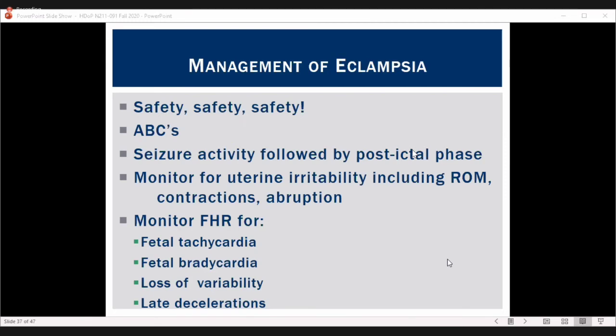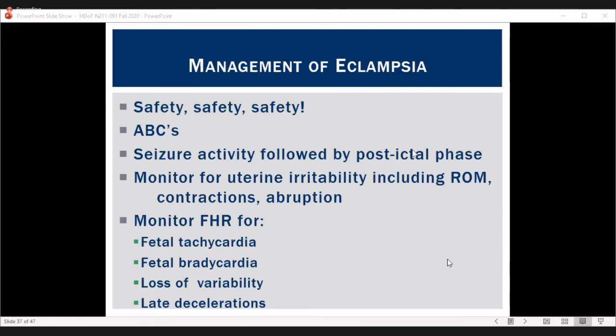So, if you are in the hospital, you certainly want to get a strip immediately because there can be issues with oxygenation while the seizure was happening. The mom's oxygenation might be diminished. And remember, if her oxygenation is diminished, fetal oxygenation is diminished.